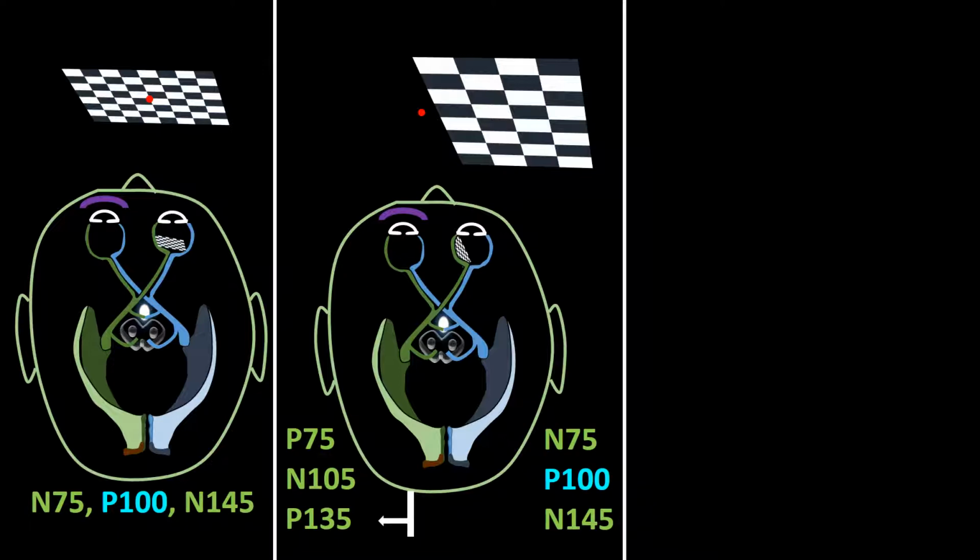On the opposite side of the white line, that is on the contralateral side to the stimulus, we also find three peaks. They are P35, N105, and P135.